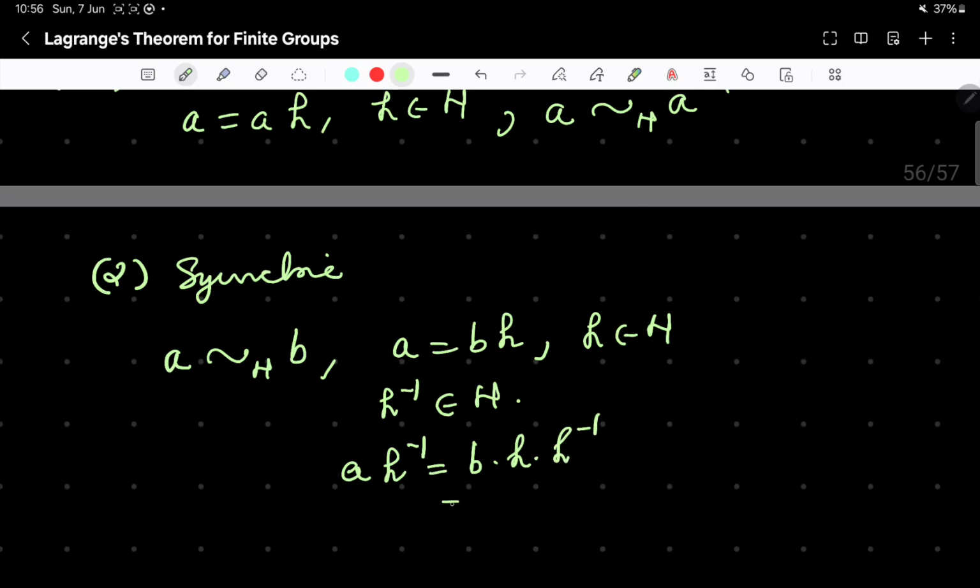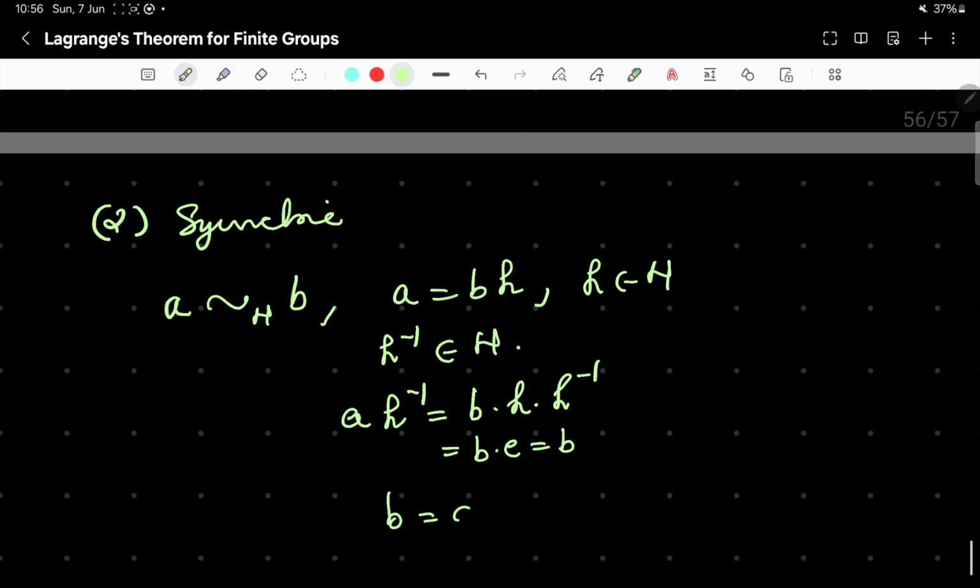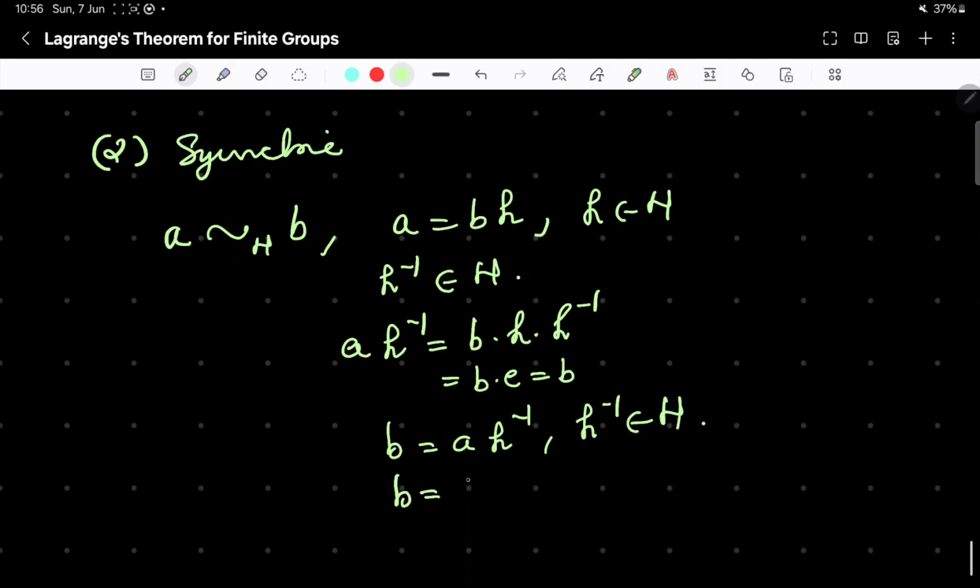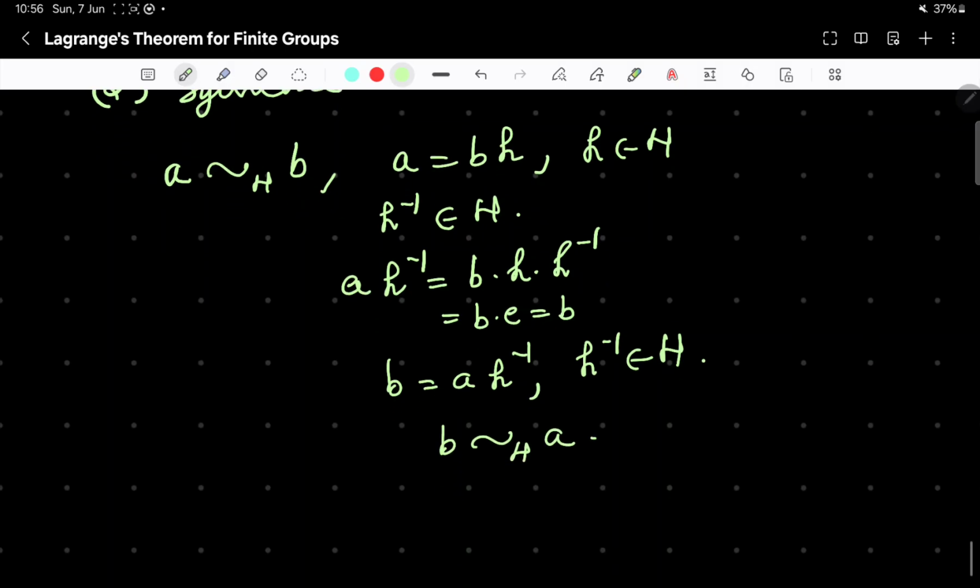So you can write b is equal to a h inverse. This h inverse is an element of H. So b is equal to a times some element which is in H. That means b is related to a. So a related to b implies b related to a.